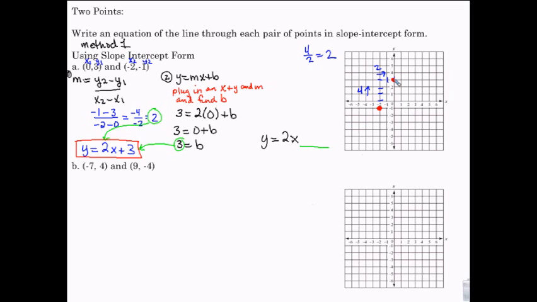To do that, luckily in this case, one of our points landed right on the y-axis, but let's say it didn't land on the y-axis. Okay, you're going to want to use a ruler if you're going to do it this way because you want it to be very exact. And my slope is 2, so I would go up 2 over 1, up 2 over 1. And make sure I had enough points that I could get a really nice exact line.